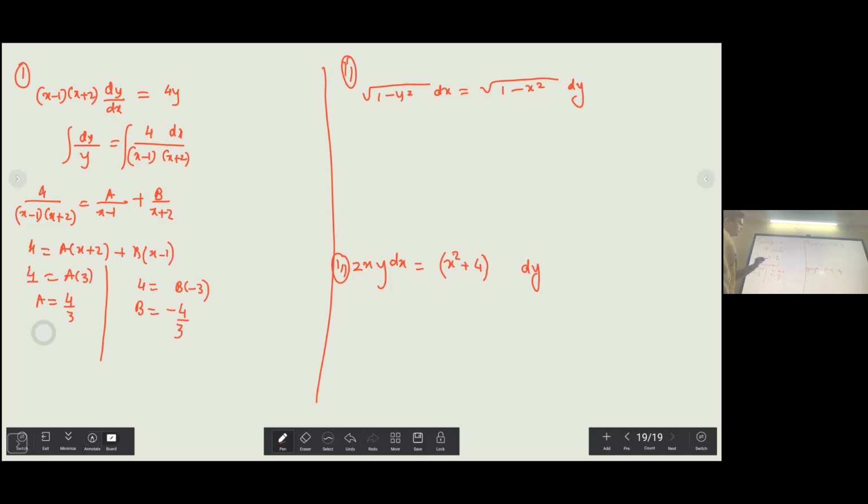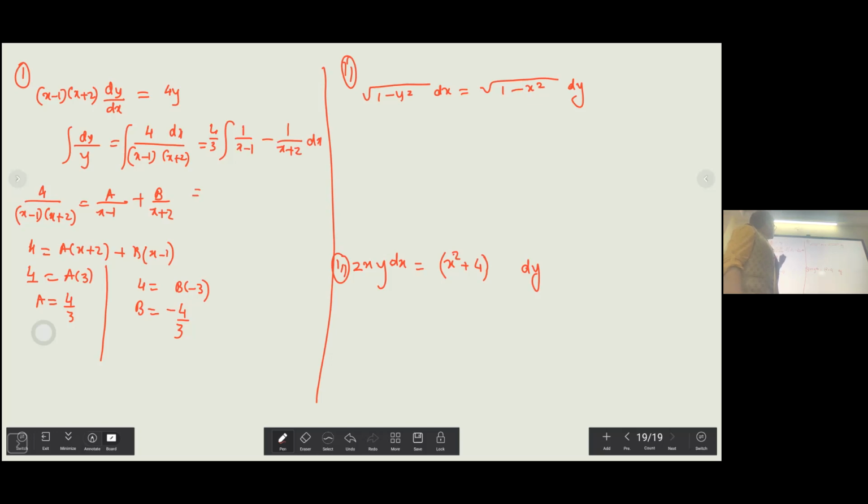Our next step is to put these values here. I can take 4 by 3 common. So 4 by 3 times 1 upon x minus 1, and plus b, which is negative 4 by 3, so negative 1 upon x plus 2, dx.